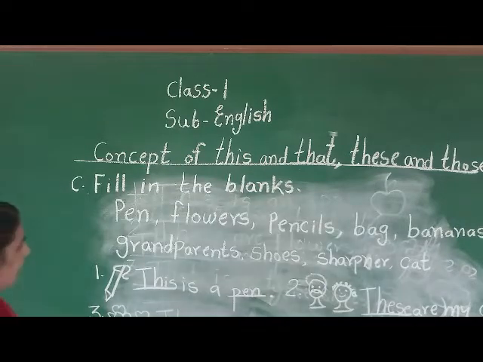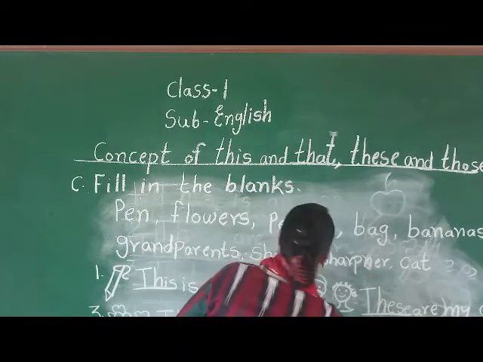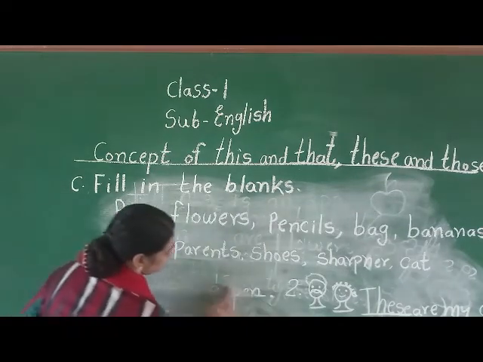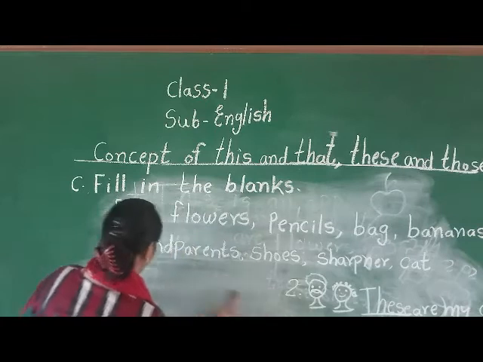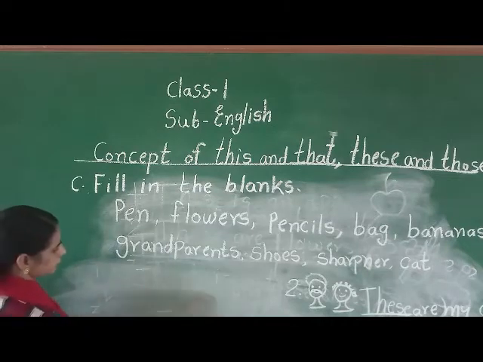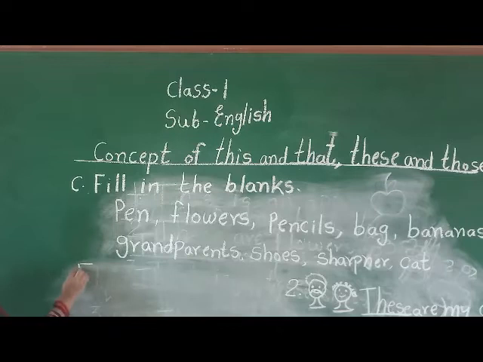Okay, now after that, I am going to rub number 1 and number 3 here. Now I am going to write number 5. Number 5. Now see, two pencils are there.